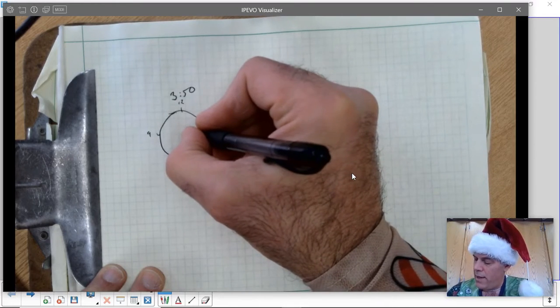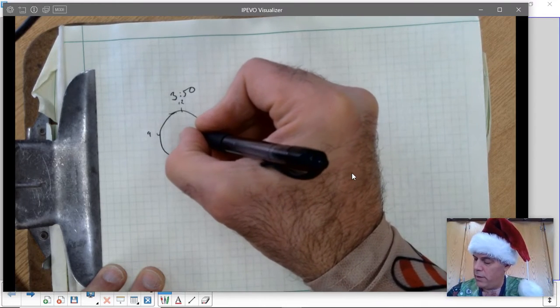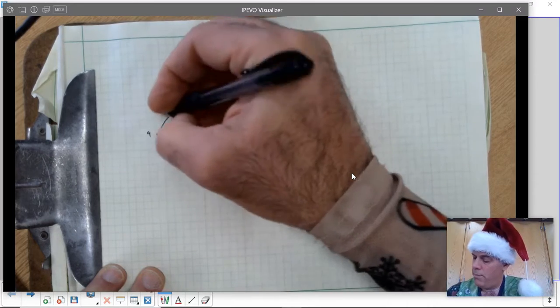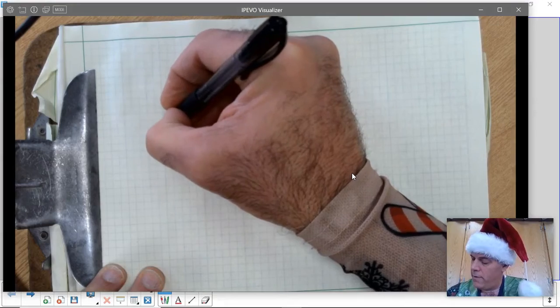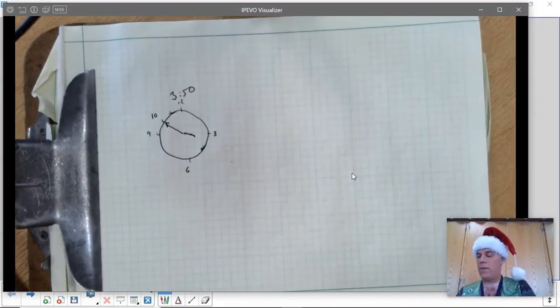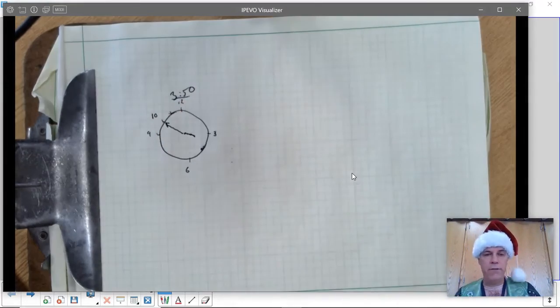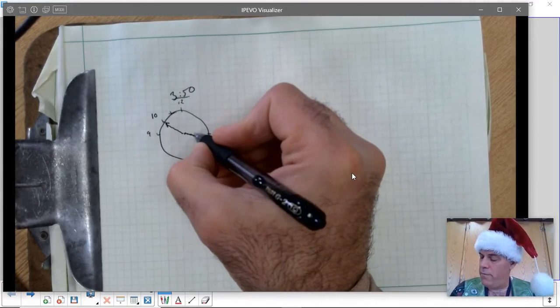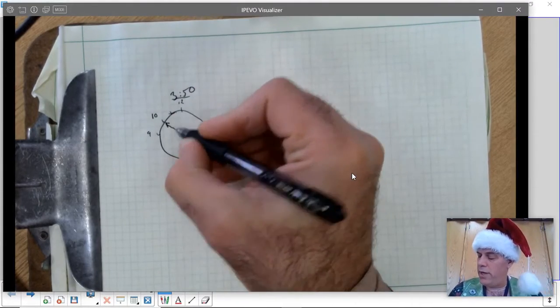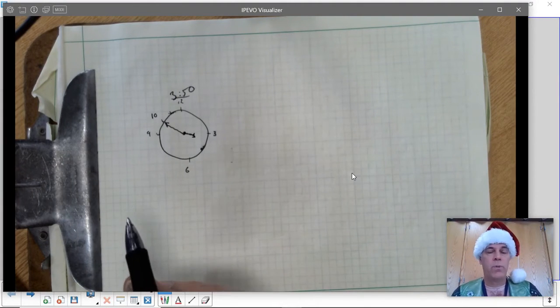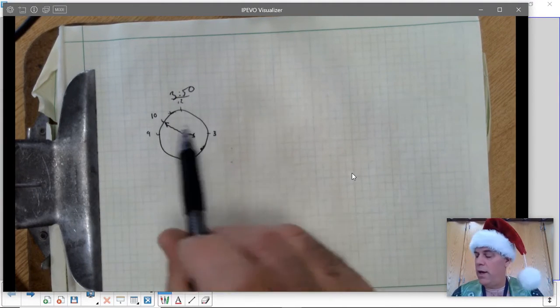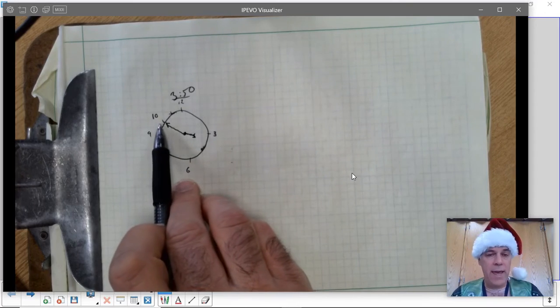So we have the hour hand kind of below the 3 a little bit, down toward the 4, but the minute hand is pointing at the 10. Okay, so the time is 3:50, and we are interested in the minute hand because we want to know the rotational displacement of this minute hand.